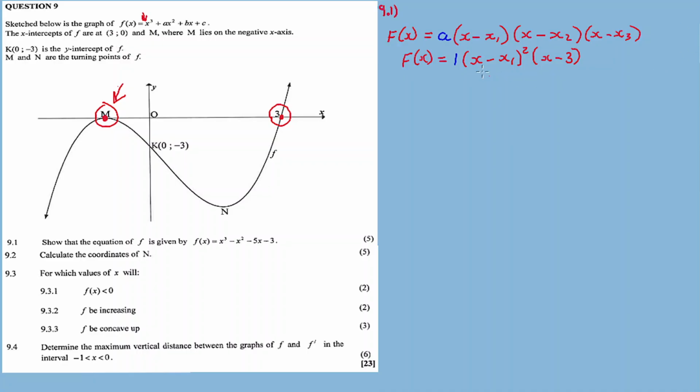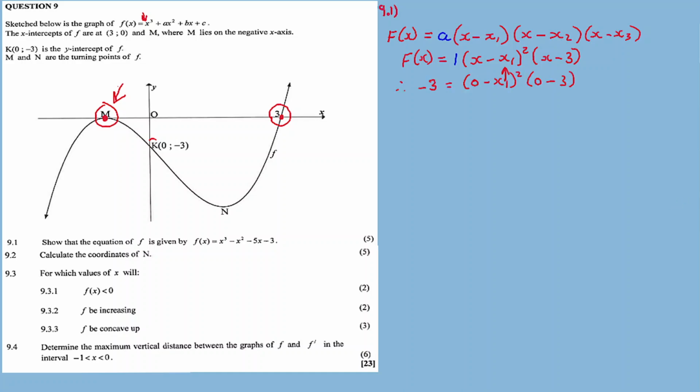So therefore x3 ngim substitute as ubani as 3. Now I need to calculate ubani x1. x1 ngingam calculator by substituting point eli1 into this equation. You substitute k to calculate x1, the y-intercept.